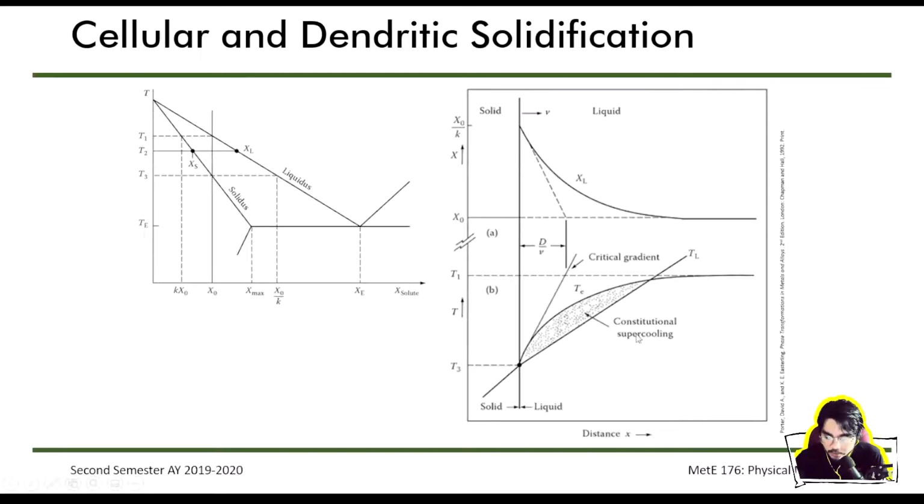In a nutshell, this supercooling is not because of the thermal condition. These lines here are gradients, and there is a critical gradient wherein you can avoid this TE line.